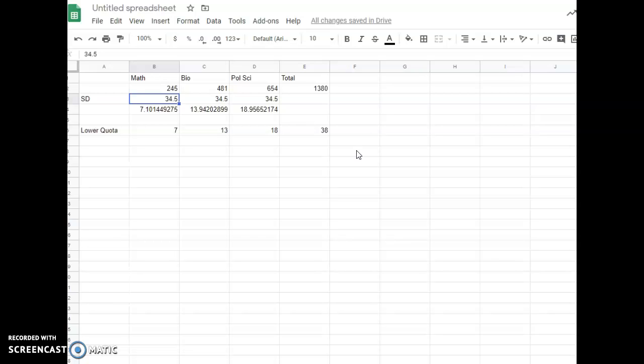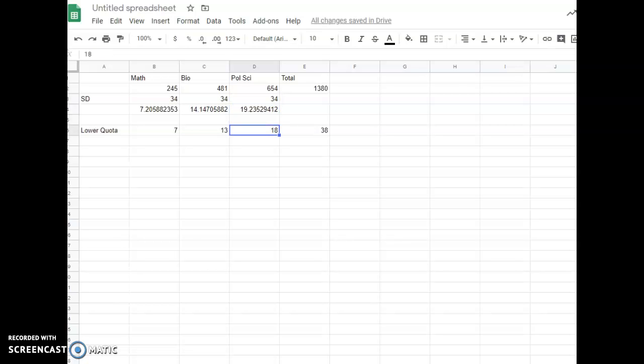My standard divisor needs to go down. So this is where you can guess and check, and this is where it's nice because we use formulas. When I type in 34, it's going to automatically change my formula for me. So I'm going to change that to a 34 and that to a 34.